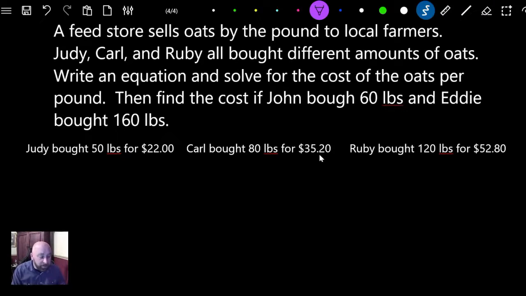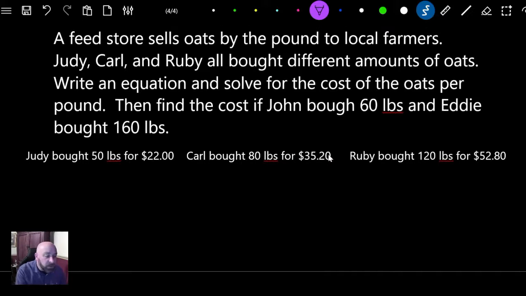This example is on page 320, and it's their example 7.5D. A feed store sells oats by the pound to local farmers. Judy, Carl, and Ruby all bought different amounts of oats. Write an equation and solve for the cost of the oats per pound.